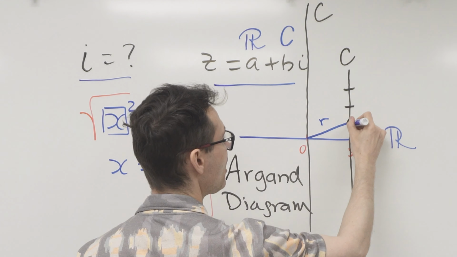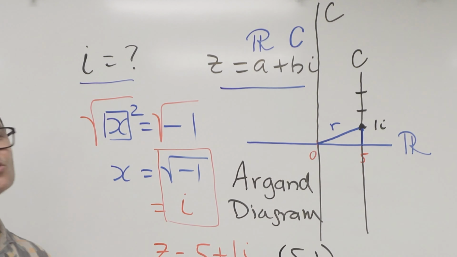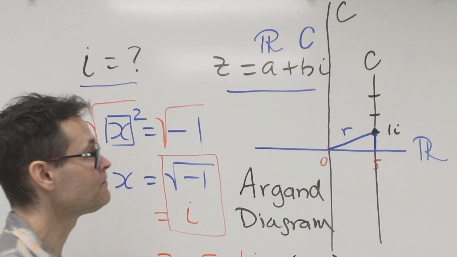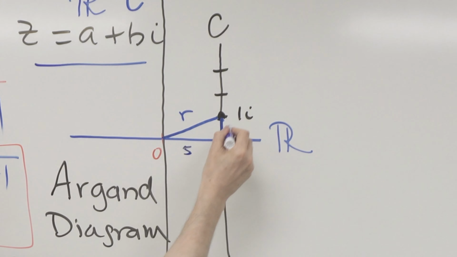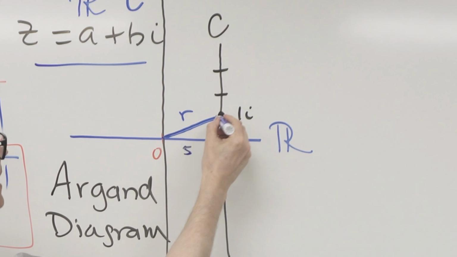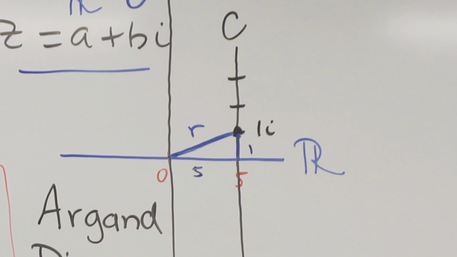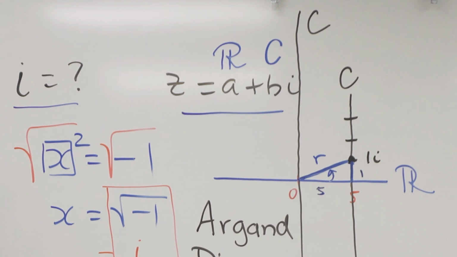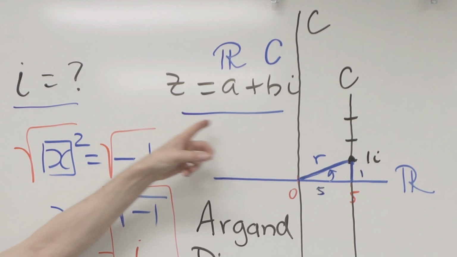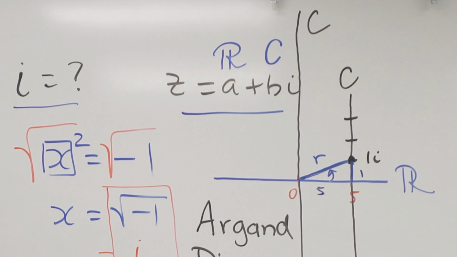And if I was to drop a perpendicular to the x-axis, it's really feeling like trigonometry. This side is 5, that's 1, and you could then use the Pythagorean theorem to determine that distance. It's called the modulus, and I could also figure out what that angle of rotation is using some basic trig. That's called the argument. So often you'll see complex numbers not written in Cartesian form, but something called polar form.